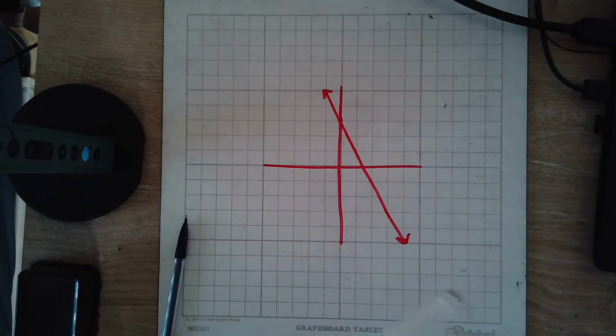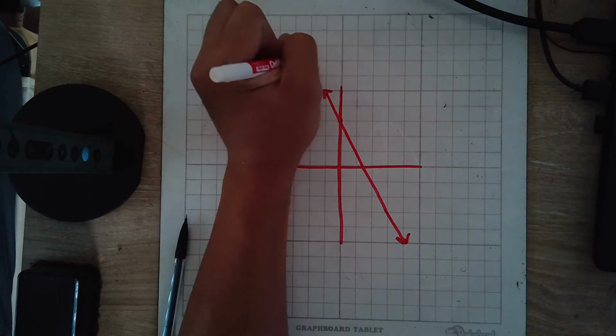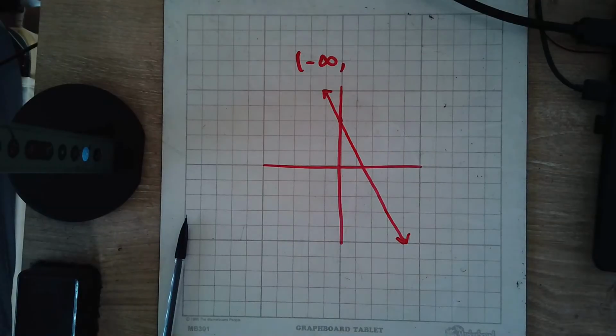So negative infinity is our point all the way to the left. And the same thing happens with this. Even though it's going down more, it's still getting slowly more positive. So that'll go all the way to the right, to positive infinity.